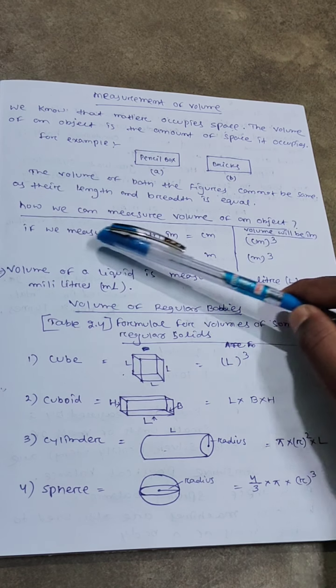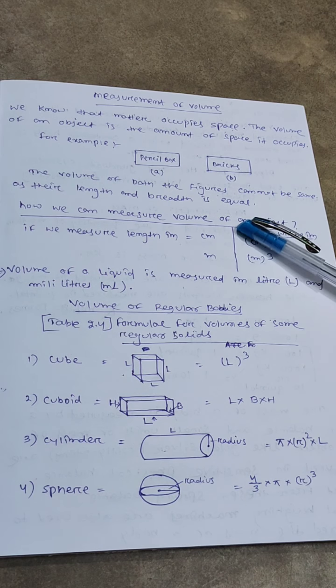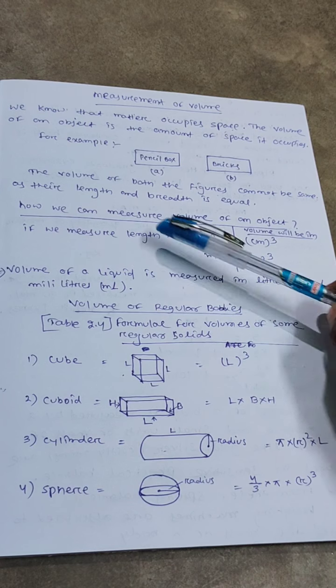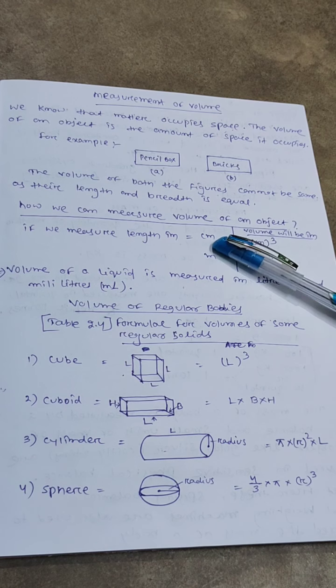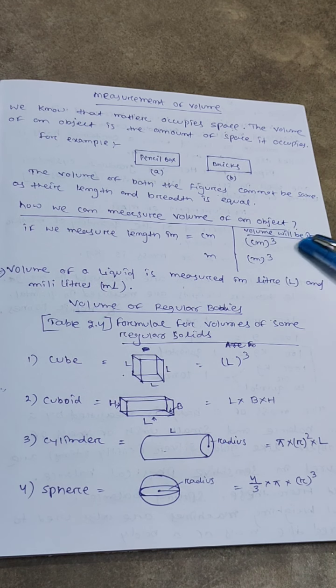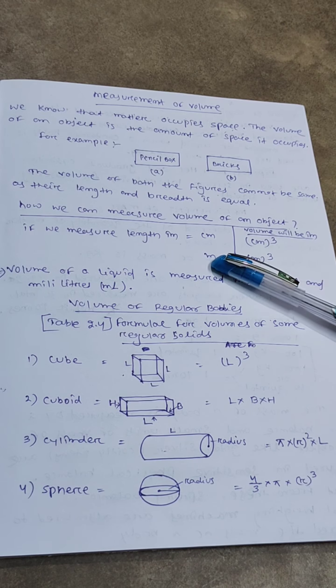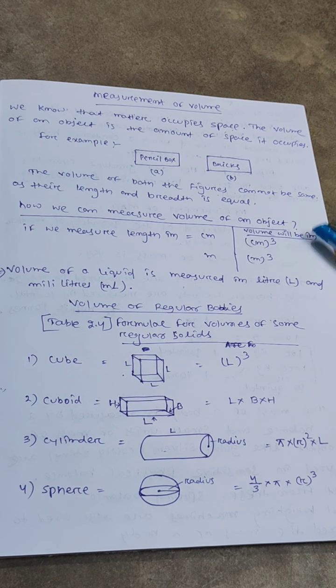So how can we measure the volume of an object? If we measure the length in centimeter, the volume will be in cubic centimeter. If we measure length in meter, then the volume will be in cubic meter.